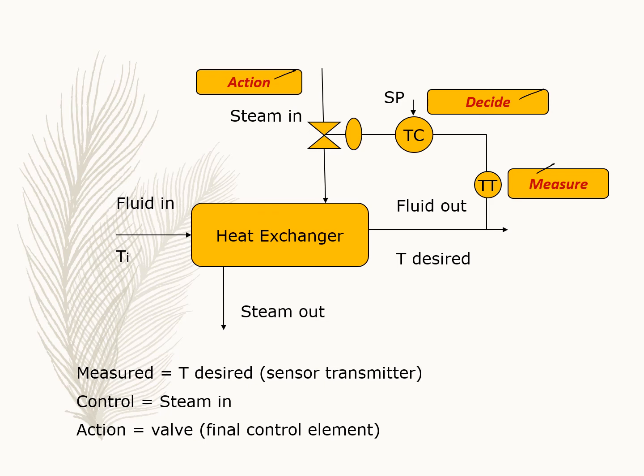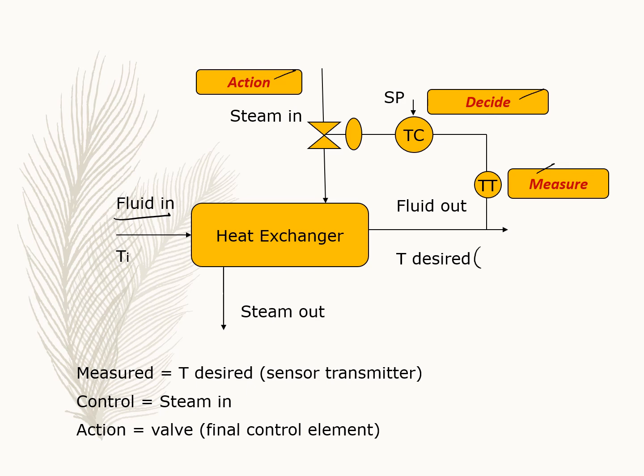As you can see here, let me explain again. The function of this heat exchanger is to heat up the fluid in, right? If we want to heat up the fluid in, we have a certain desired value we need to fulfill.